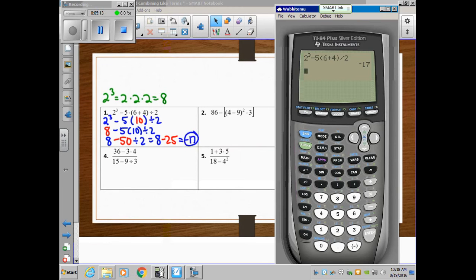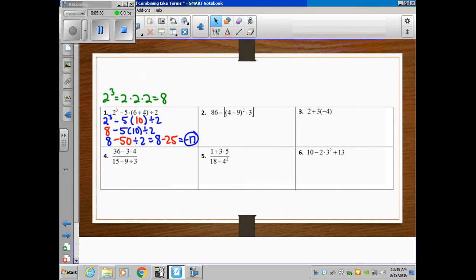You must show your work on your note, on your assignment, so please be aware of that. But you can always double check on the calculator. Just be very certain you have your parentheses correct, because if you have parentheses inside of brackets, then you need 2 sets of parentheses, and so on. Okay.